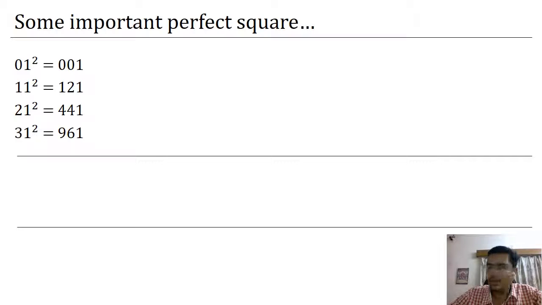Now let us have a look at some of the important perfect squares. These are 4 squares which follow a special property. When we square 1, we get 001. 11 square can be written as 121, 21 as 441, and 31 as 961. Now you just shift 01 by one place towards the right.